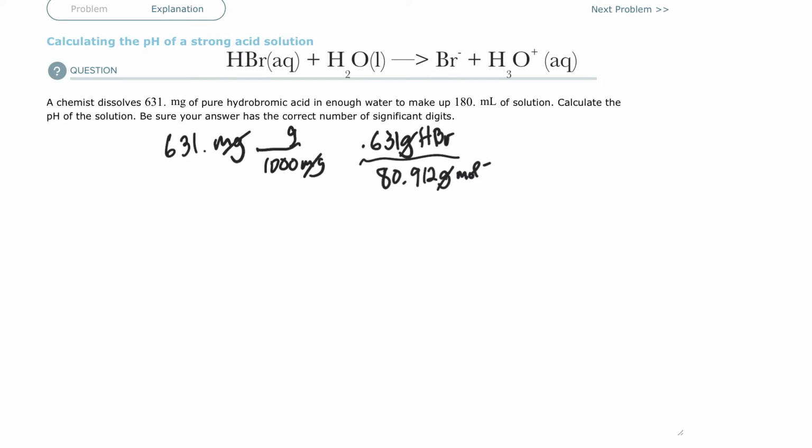I'm now in moles. 0.631 divided by 80.912. I have 0.007798596 moles of HBr.